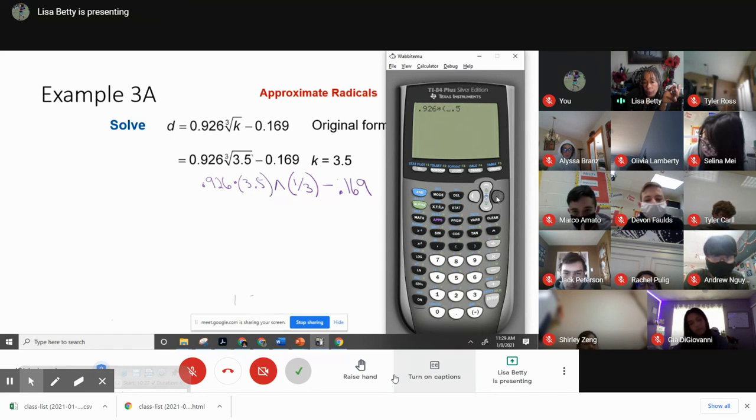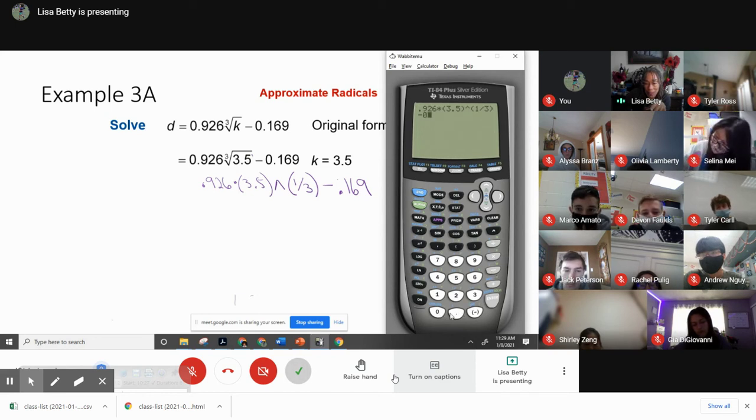So I'll put parentheses 3.5, and then the caret button says to the, and then I'm going to say 1/3 power, which is saying the cube root. And when I'm done with all that, I'm going to subtract, I'll be nice, 0.169. And if I did everything correctly, I get an answer.